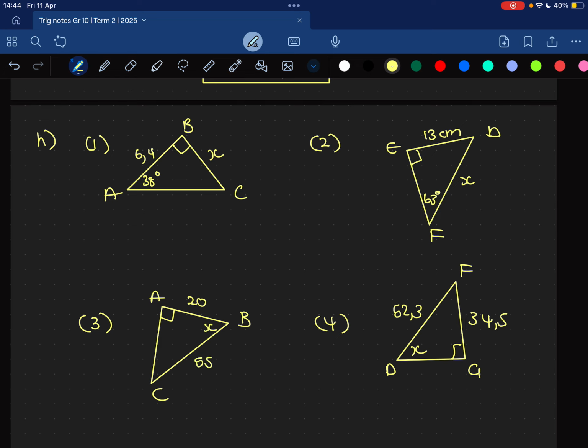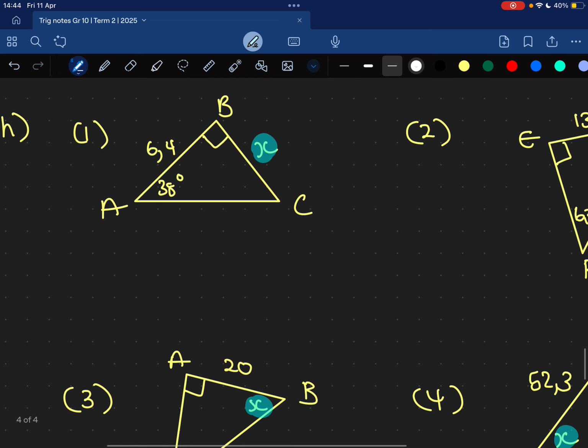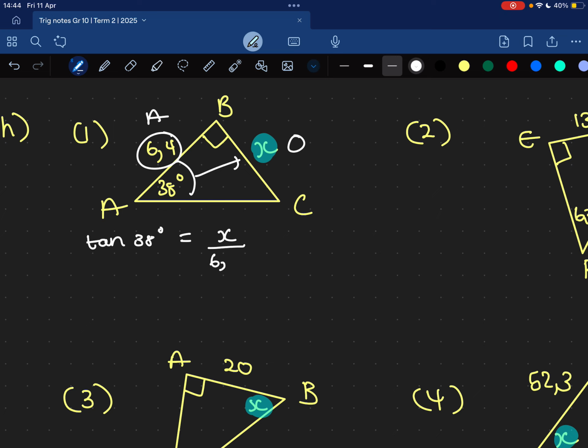Okay, so we'll start with what we don't know, and we'll move to what we do know. So for this one here, I can see, okay, well, x is a side, first of all, and I have a given angle here. So I have an opposite, and I have an adjacent. So I'll have tan of 38 is equal to opposite over adjacent.